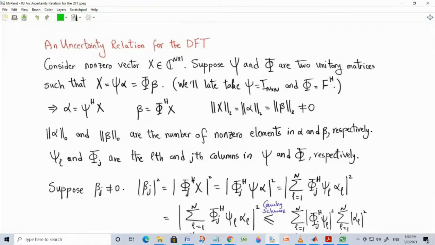And sparsity is basically the idea that if you have a signal, there is a representation of the signal that is sparse. So if your signal is a real-life signal, most likely you can represent it in time domain or in frequency domain or using wavelets or whatever, such that in this representation the signal is sparse.